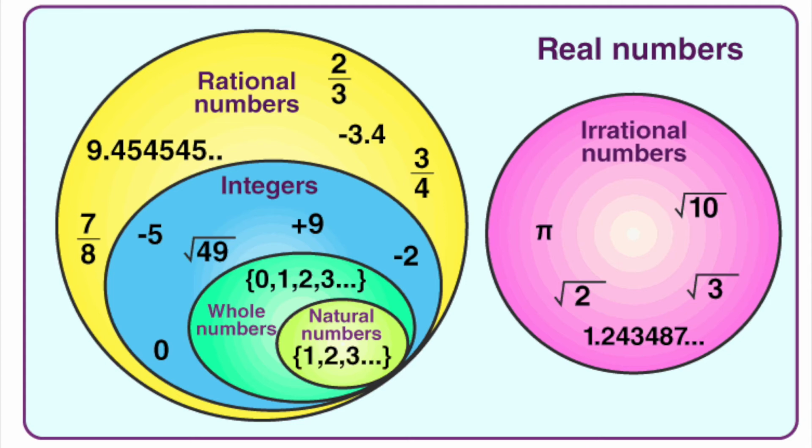And as you can see, all natural numbers are whole numbers, but not all whole numbers are natural numbers. Not all integers are whole numbers. Not all integers are natural numbers. But natural numbers are part of whole numbers. Natural numbers are part of integers, and natural numbers are part of rational numbers. And then natural numbers are part of real numbers.